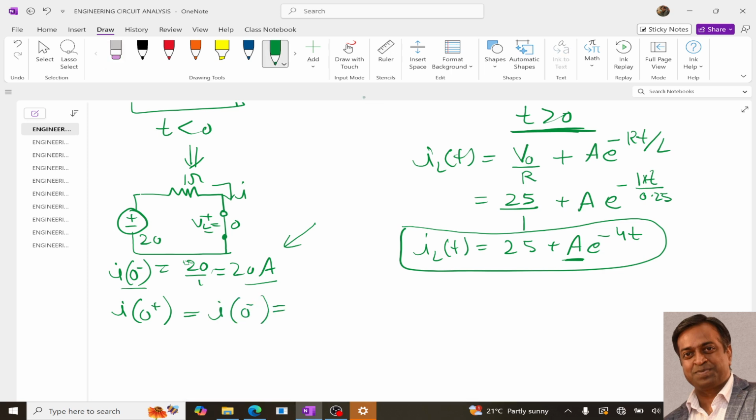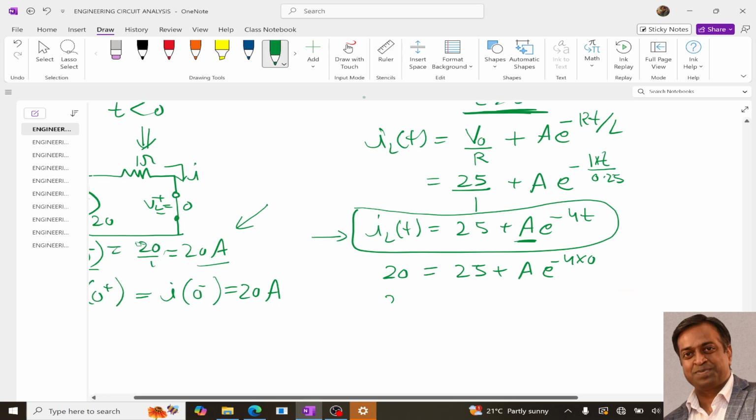So it is 20 ampere. Using this concept we can substitute current as 20 ampere at t equals 0. So 20 equals 25 plus a, so our a is equal to minus 5.